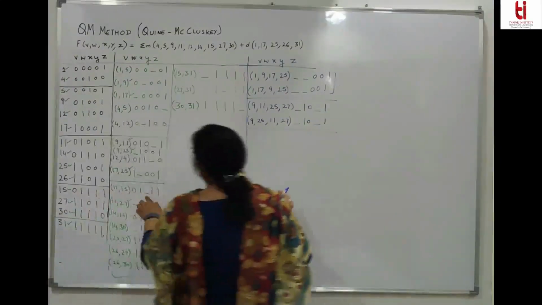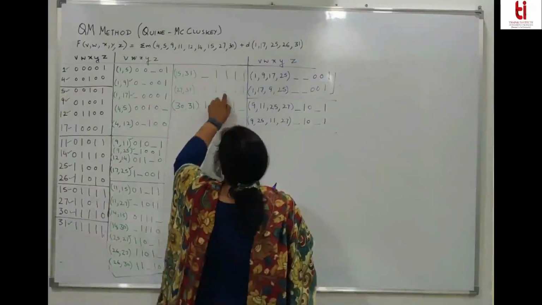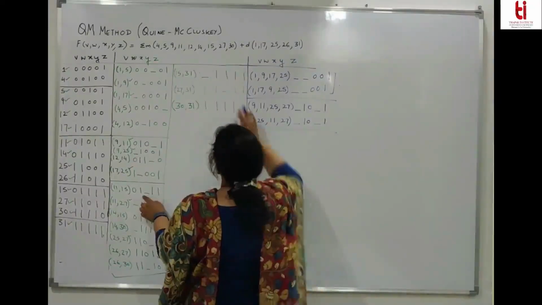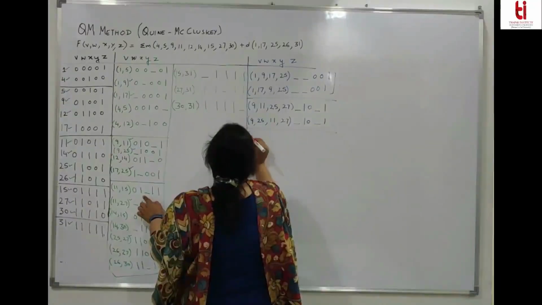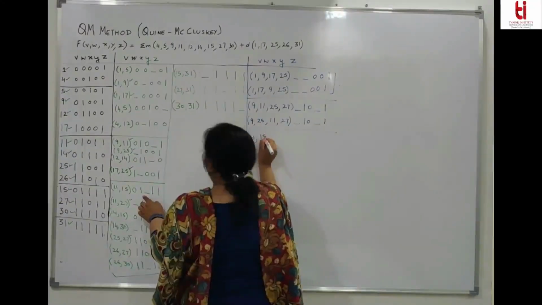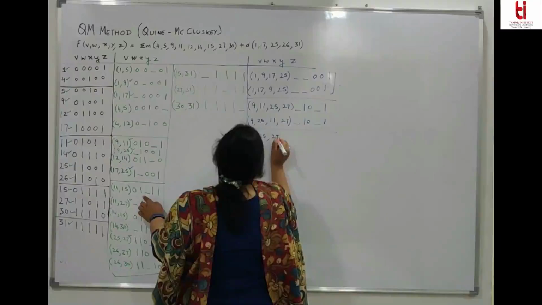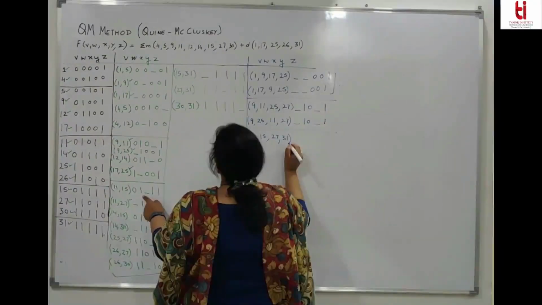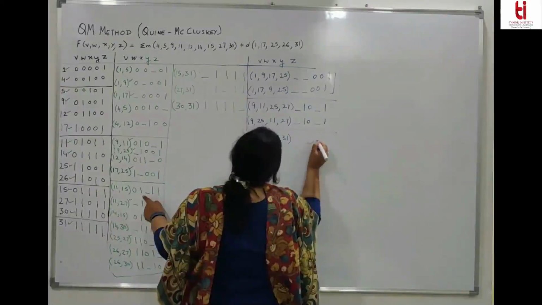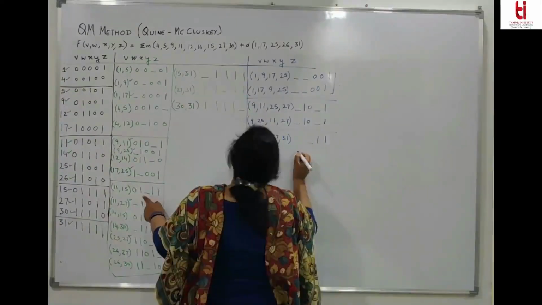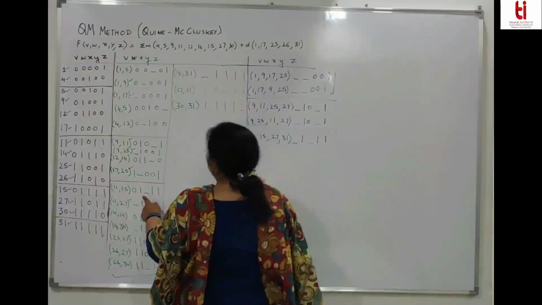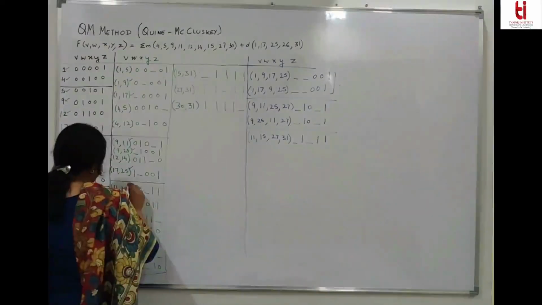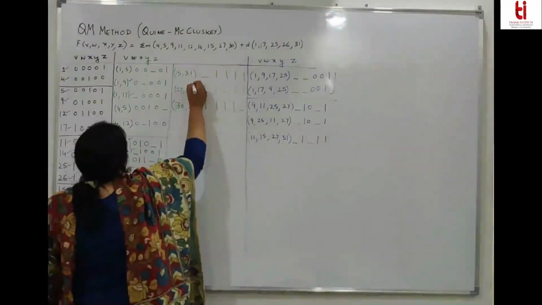Then this dash is at third position. This, can you combine this with this? Yes. 11, 15, 27, 31. So what do you get? Dash is at this position. 1, 1, 1 and dash. This is one term. 11, 15, 27, 30.